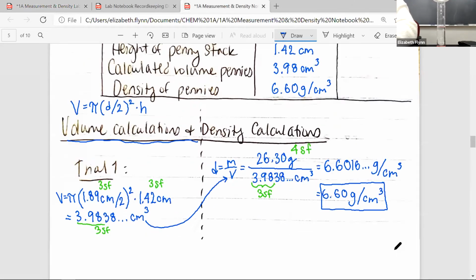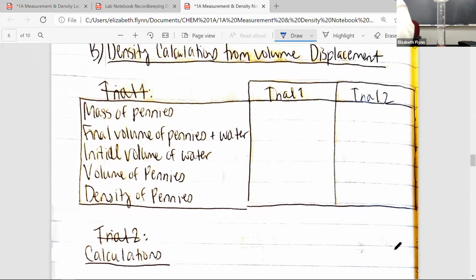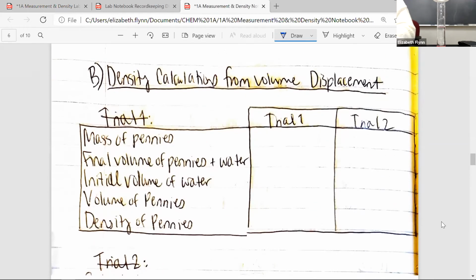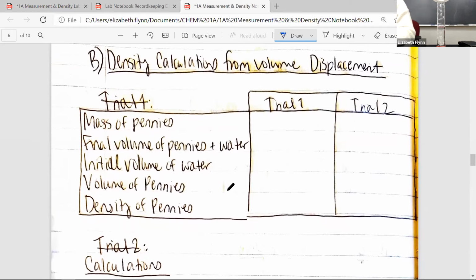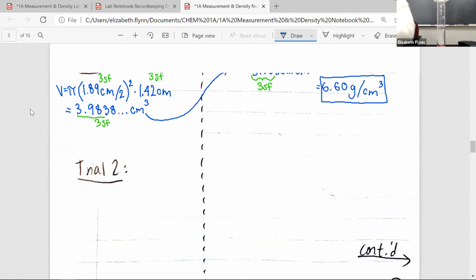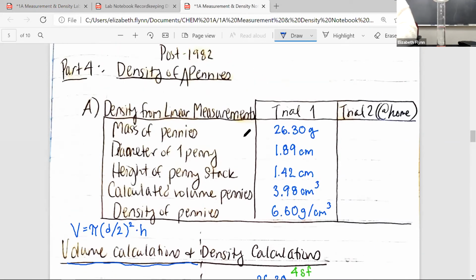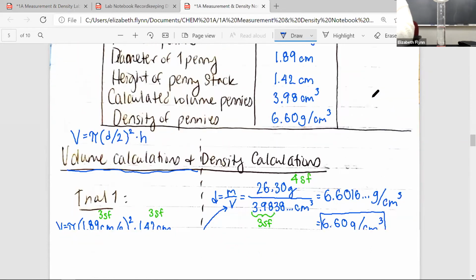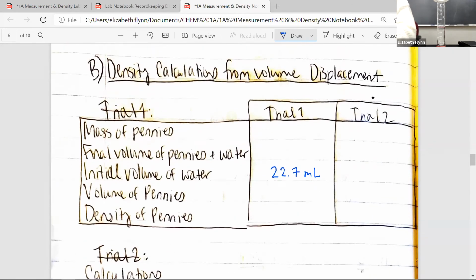So in our data table, this is part B, density from volume displacement. We're going to have initial volume of water, 22.7 milliliters. And we have our mass of pennies. We can just use that from the other part, 26.30 grams. And now we're going to add the pennies to the graduated cylinder.